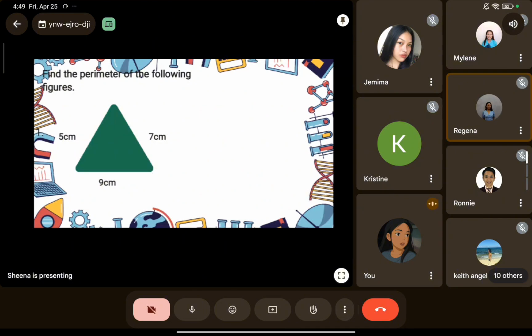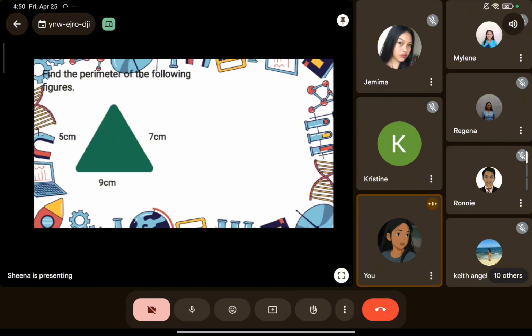Okay, very good. Thank you, Regina. So, our answer is 21 cm because P is equals to S1. So, our S1 is 5, then plus 7 as S2 or side 2. Then, 9 cm, which equals 21.